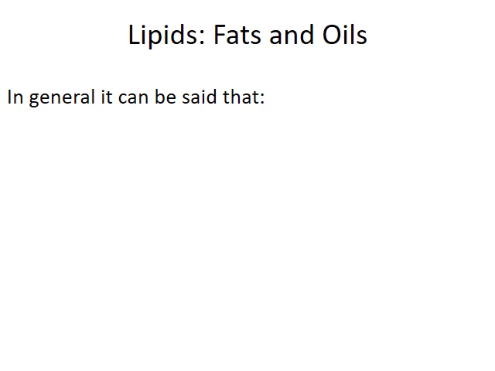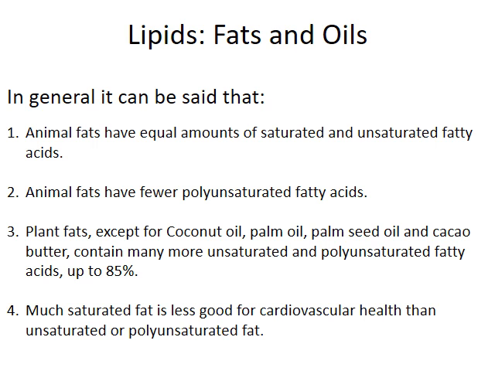So in general, it can be said that animal fats have equal amounts of saturated and unsaturated fatty acids. Animal fats have fewer polyunsaturated fatty acids than plants. Plant fats, except coconut oil, palm seed oil, and cocoa butter, contain many more unsaturated and polyunsaturated fatty acids, up to 85%.